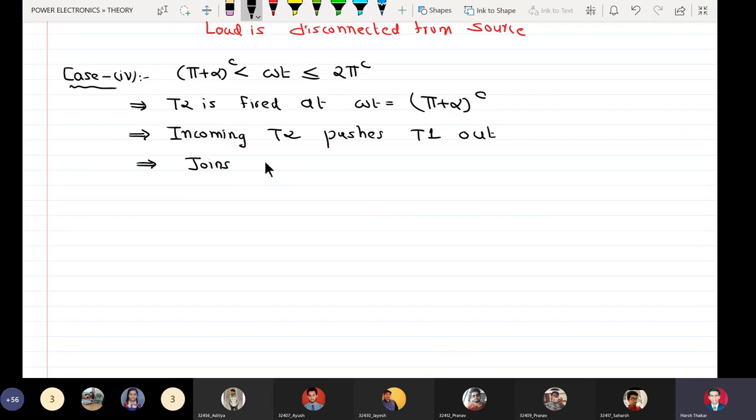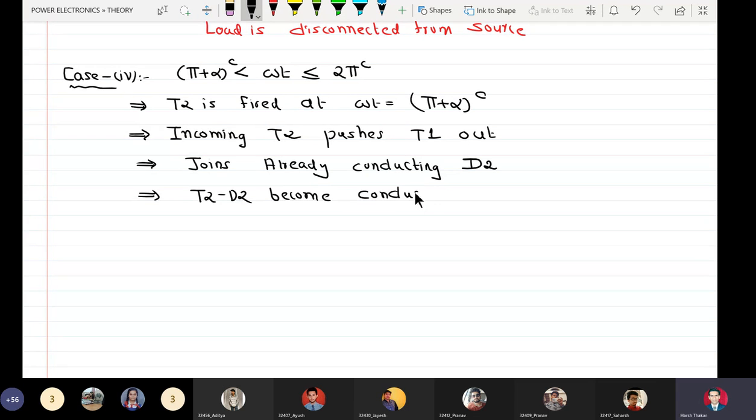It joins the already conducting D2. So now T2 D2 become the conducting pair. So again I'm mentioning the subscript of thyristor and of the diode are same.